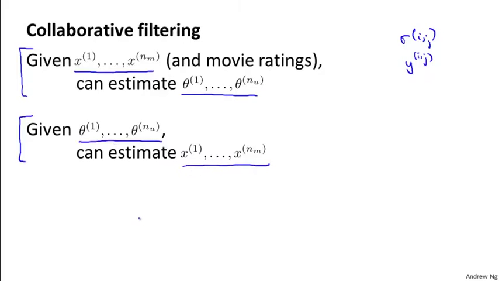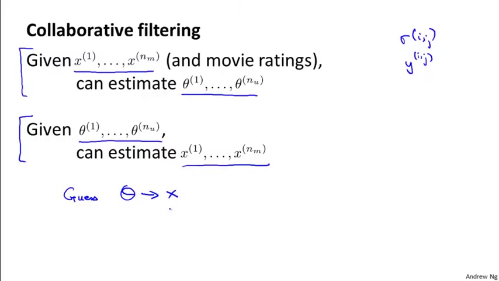So this is kind of a chicken and egg problem, right? Which comes first? If we can get the thetas, we can learn the x's. If we have the x's, we can learn the thetas. And what you can do, and this actually works, is randomly guess some value of the thetas. Based on your initial random guess for the thetas, you can then use the procedure that we just talked about to learn features for your different movies.